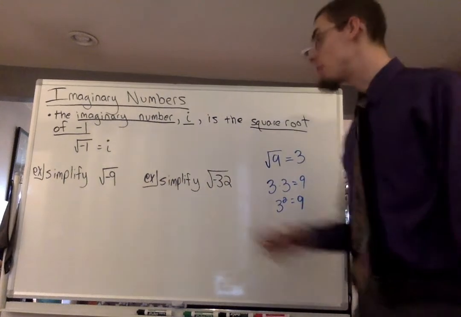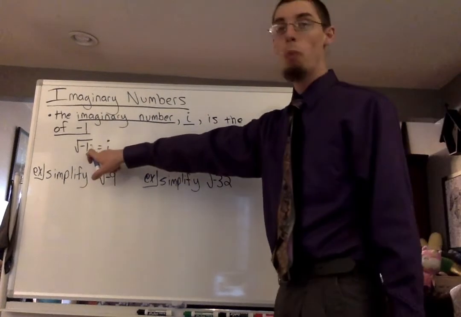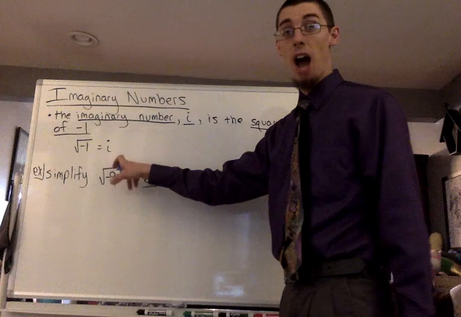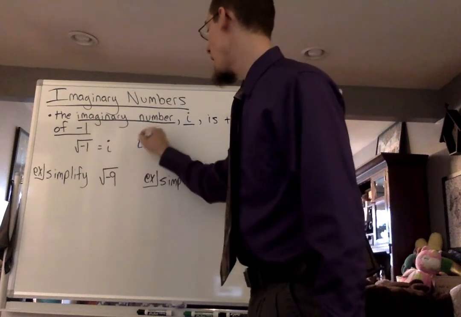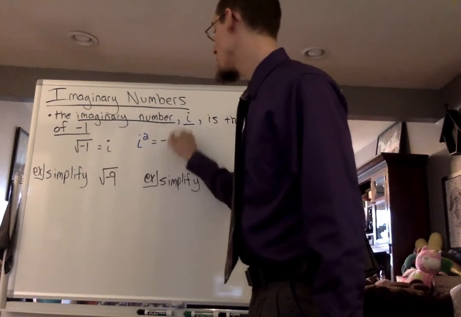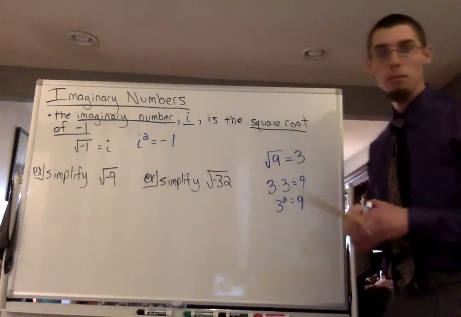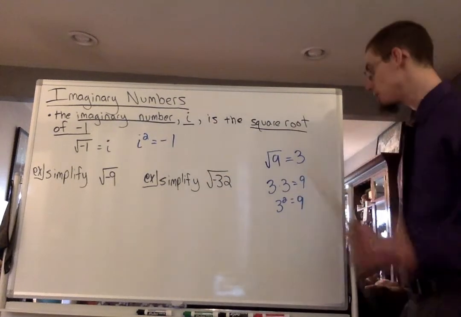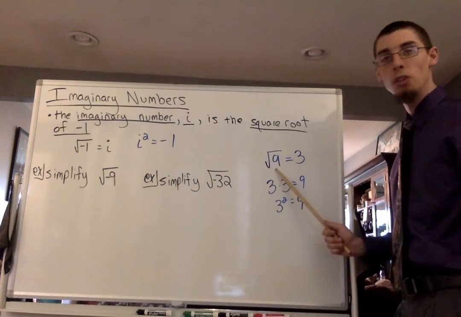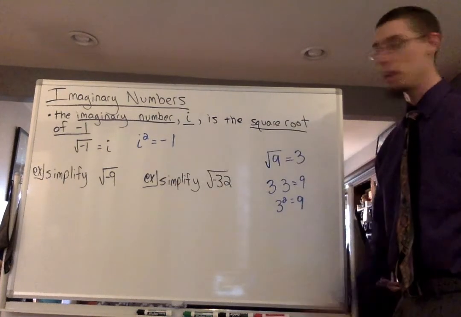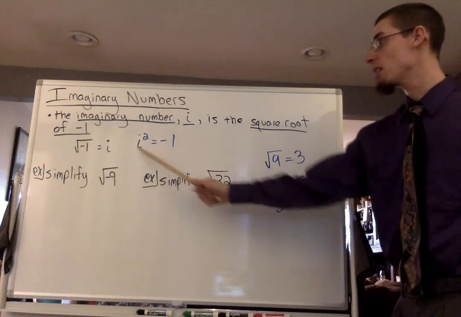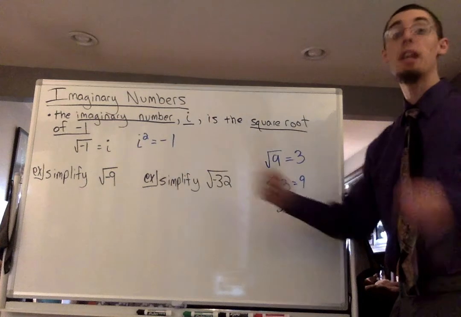Well, if the square root of -1 equals i, that would mean that i squared equals -1. Just like 3 squared equals 9, i squared equals -1. This is something that's going to come into play a little bit later.